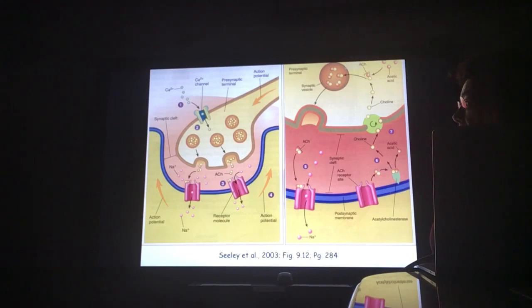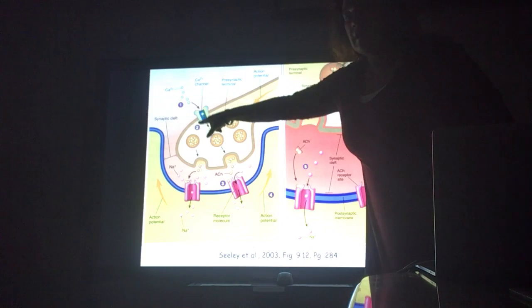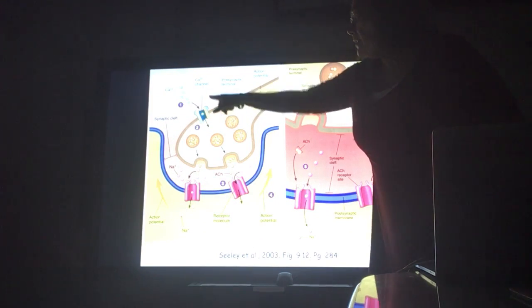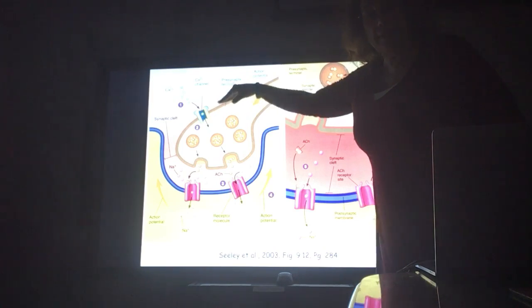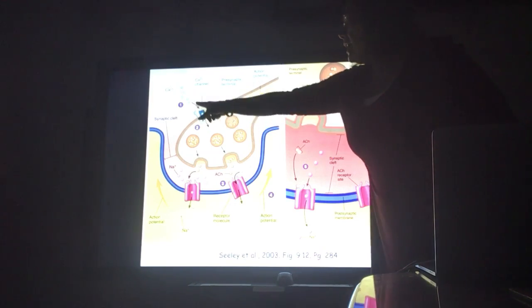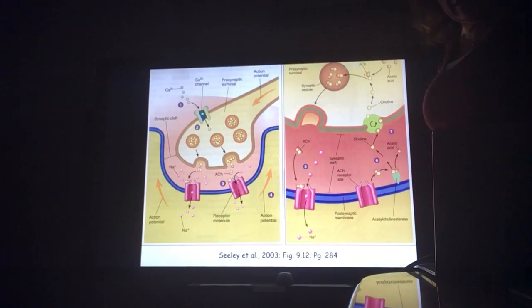Here comes an action potential, and notice that it opens up this calcium channel that's on the membrane of the axon ending, because the action potential is coming down here, right? It opens this up, and calcium is going to be able to flood into the sarcoplasm or cytoplasm of the axon ending.